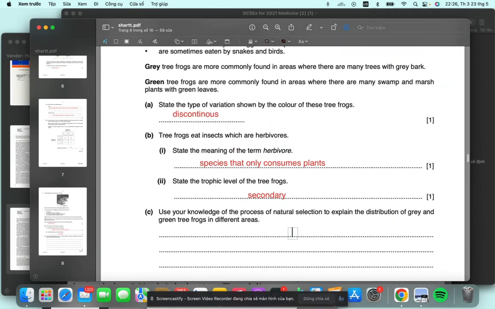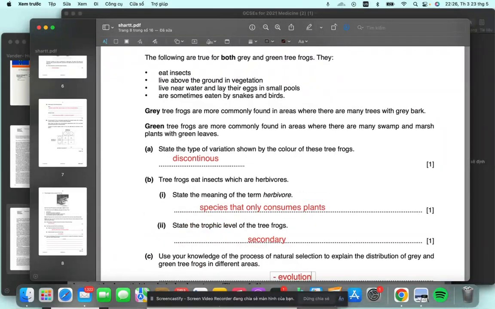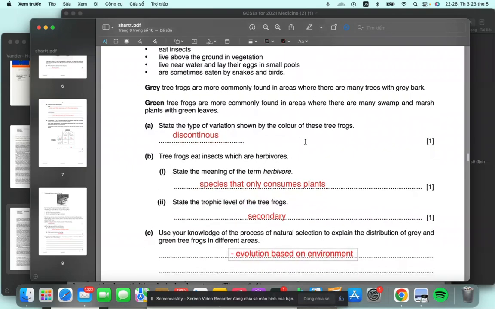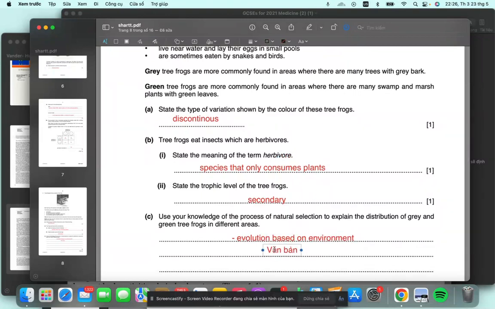It's the process of natural selection, which is evolution based on environment, which makes gray frogs commonly found in trees with gray bark. Gray frogs develop gray color to blend in, to camouflage for survival.